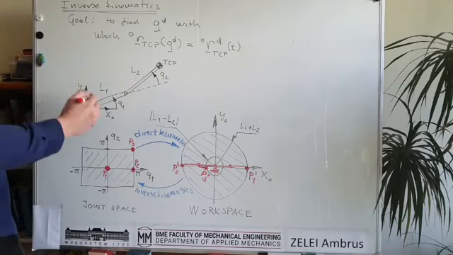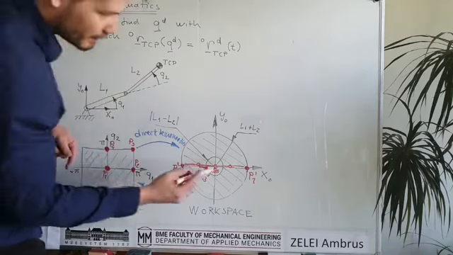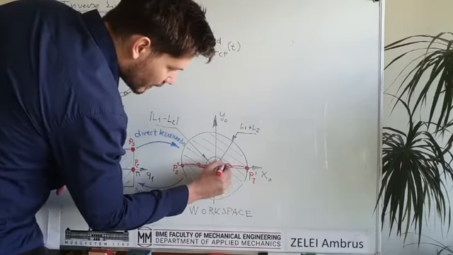P4 is here when Q1 is 0, so the first bar is horizontal and the second bar has 180 degrees, so finally P4 will be here, I mean P4 prime.